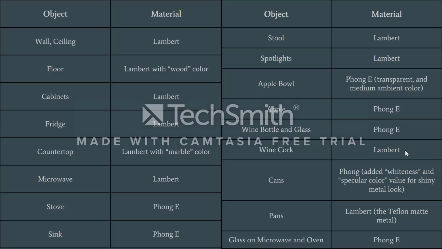And the countertop is Lambert with a marble color. Then there is a Lambert with a reflection, which we'll show. And the stove and sink are all Phong, and the remaining are Phong.